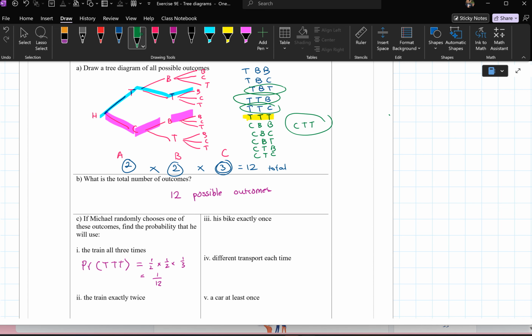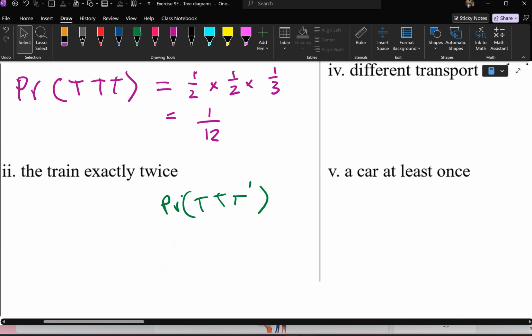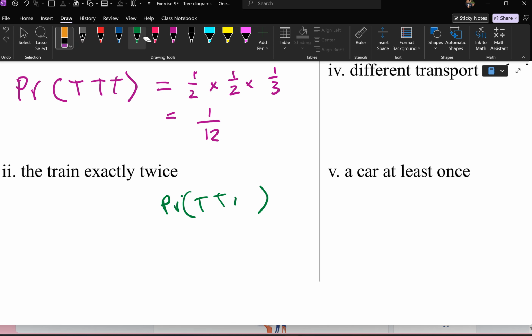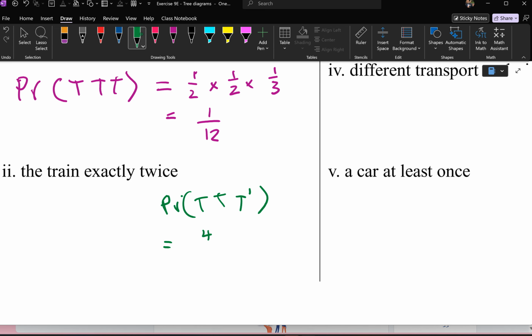So it must be 4 chances of getting T, and then not T. So notice how I'm using the symbols here. I'm using T, and then not T. So T dash, T complement if you've forgotten the symbol for it. But T dash means not T, so not getting a train. The chances were clearly 4 out of 12 options, which gives you a third of a chance of that happening.